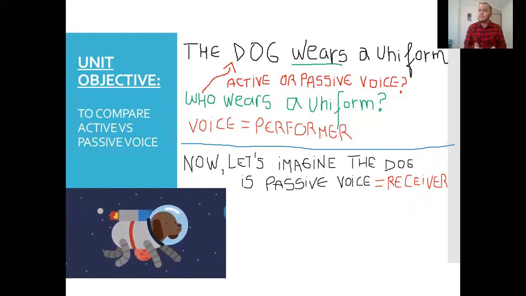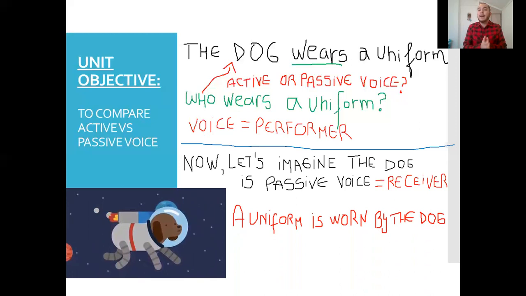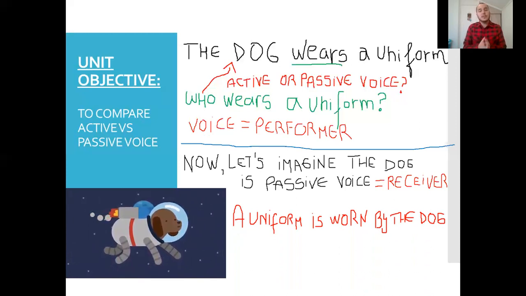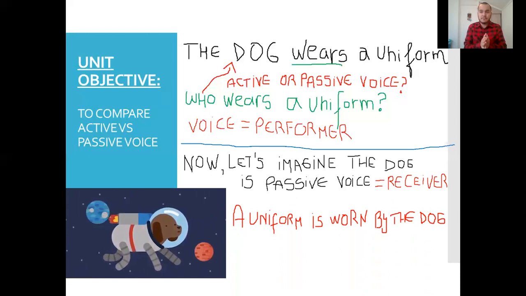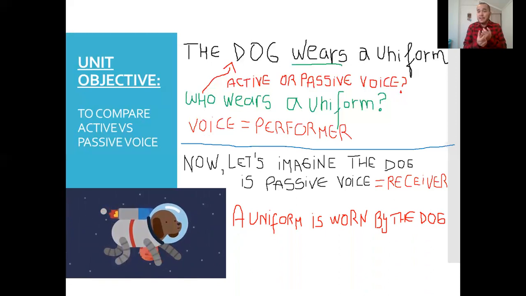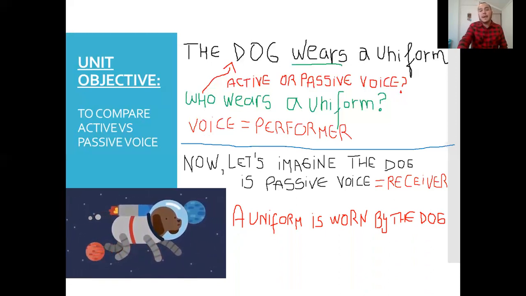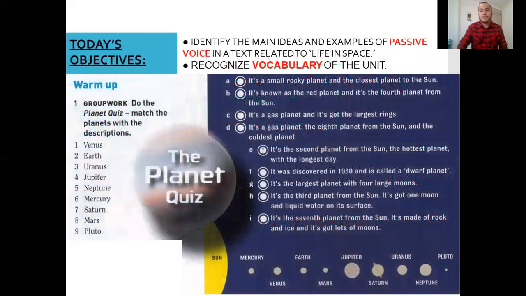Can you do that? Yes, we can. Look at the example. A uniform is worn by the dog, or in Spanish, un uniforme es usado por el perro. Okay? So we are going to see the similarities and the differences between active versus passive voice.